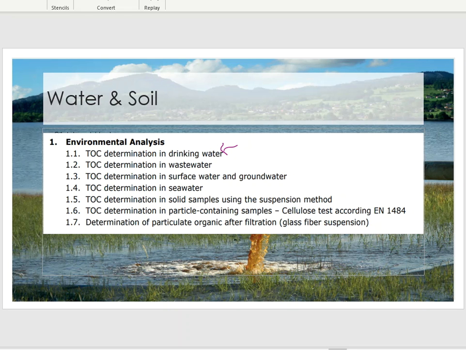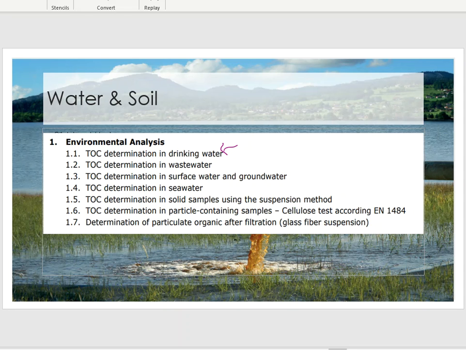You should not have organic material left in your drinking water. Bottom line, you might have a little bit, but if we're talking about sediments and sludges and we're talking about bacteria and all of this other stuff that might be in a drinking water sample, that's stuff that you don't want.